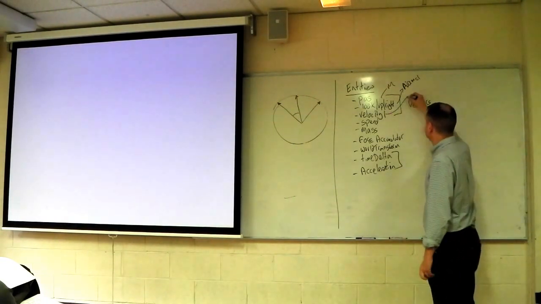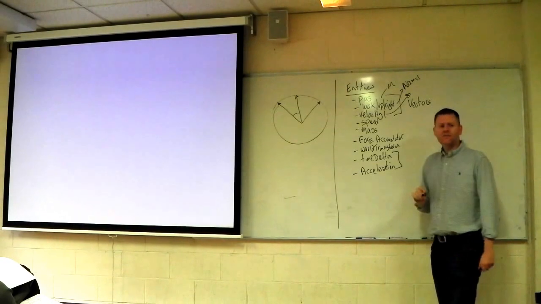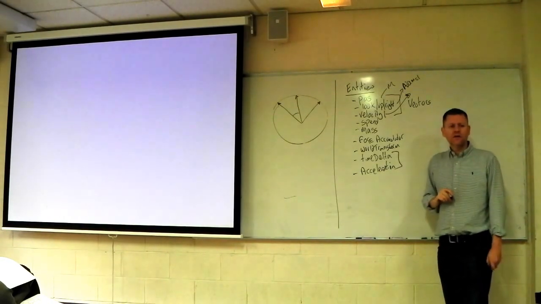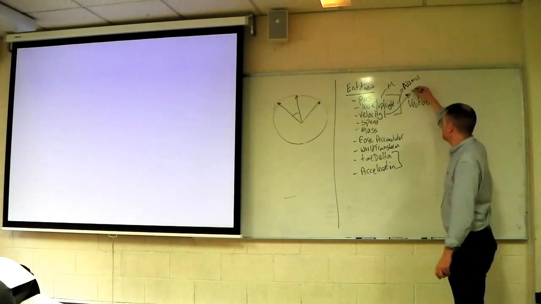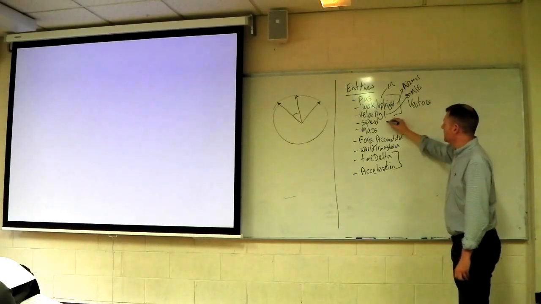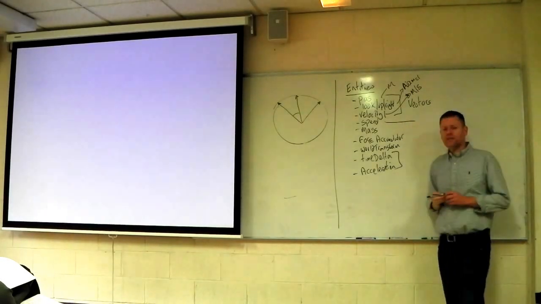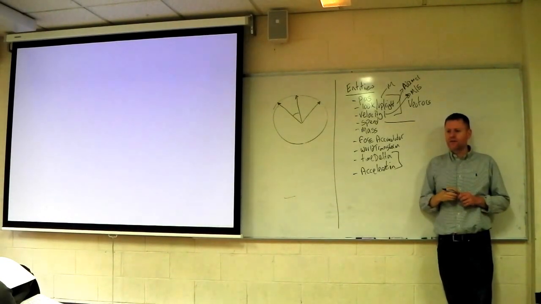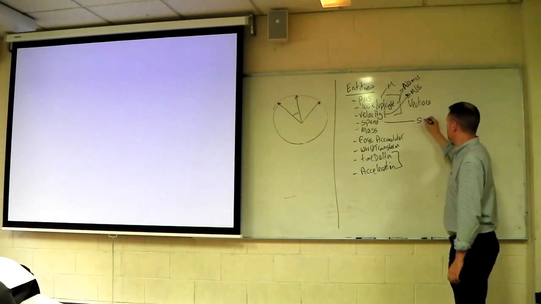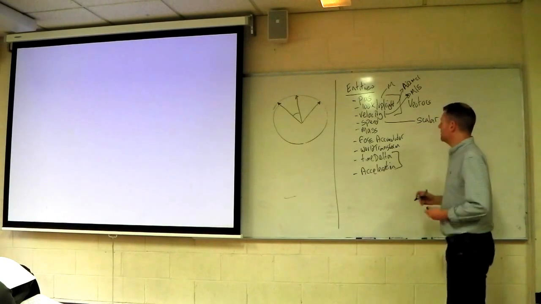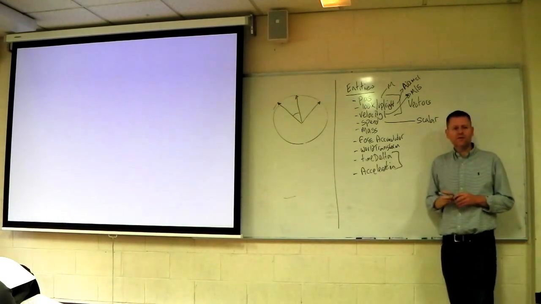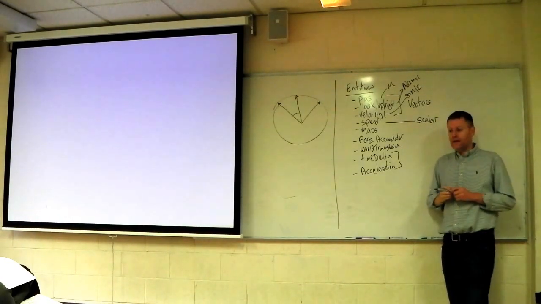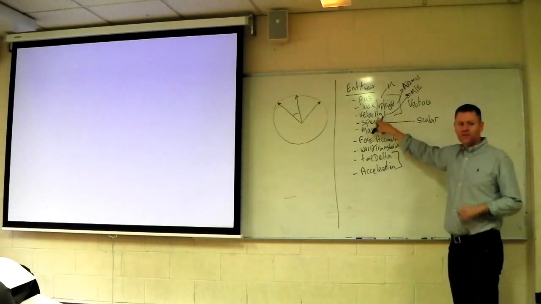The velocity, what's its unit of measurement? Meters per second. What's the relationship between velocity and speed? Is speed a scalar or a vector? Speed is the scalar version of the vector. Speed is the length of the velocity vector.